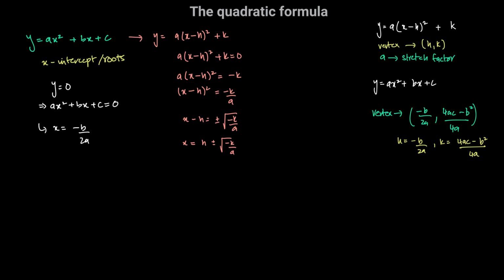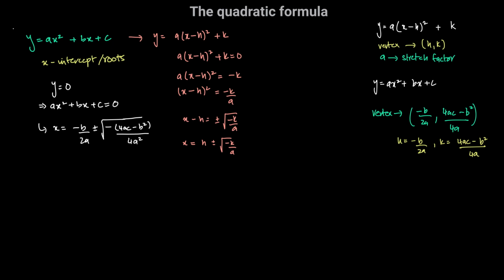So over here we have plus or minus the square root of negative k, so that would be negative 4ac minus b squared divided by 4a, divided by a. So that would be divided by 4a squared.